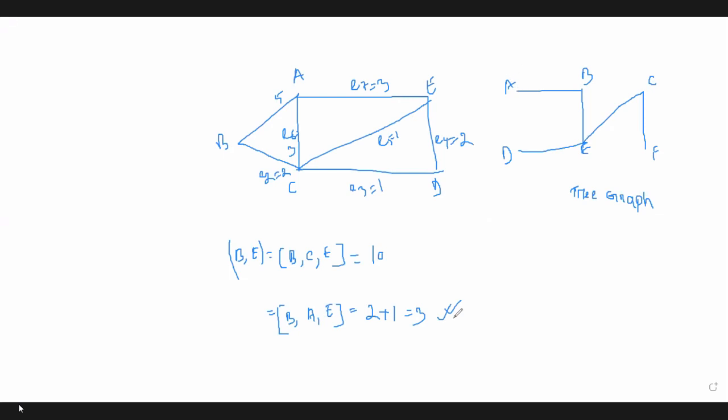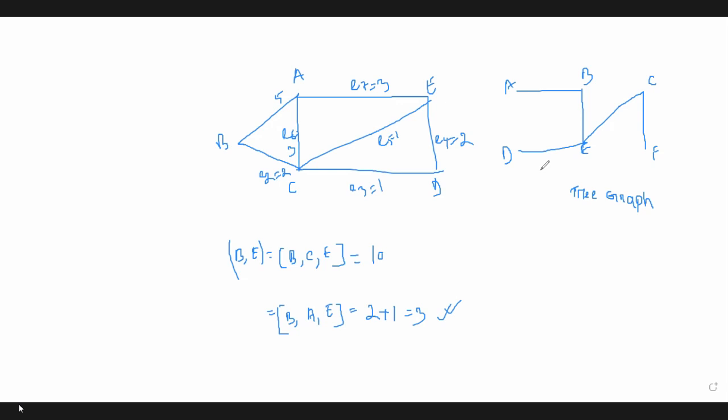In a connected graph, there can be several ways of traveling from one node to another. But in a tree graph, any two nodes cannot have more than one path. Between A and D, there is only one way, A, B, E, and this is a simple path. Between D and C, there is only one way, D, E, C. This is a simple path. There are no cycles here.